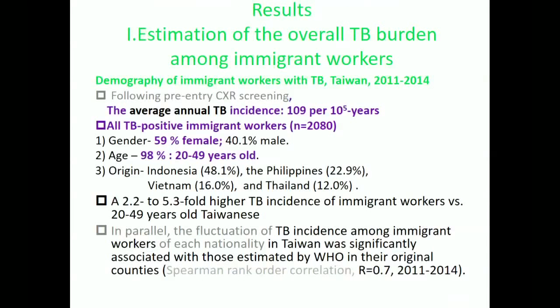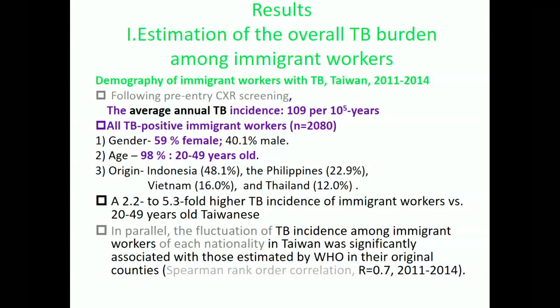Results. The immigrant workers were mostly aged between 20 to 40 years old, with an incidence of about 100 per 100,000, which was 2 to 4 times higher TB incidence than the corresponding age group among domestic Taiwanese.